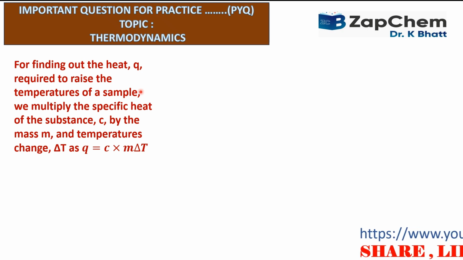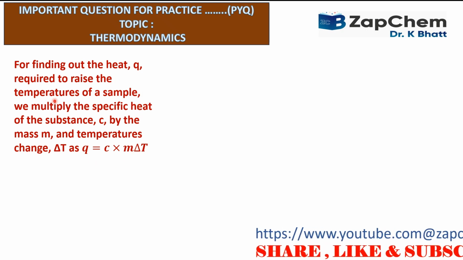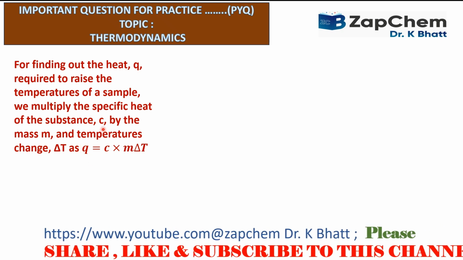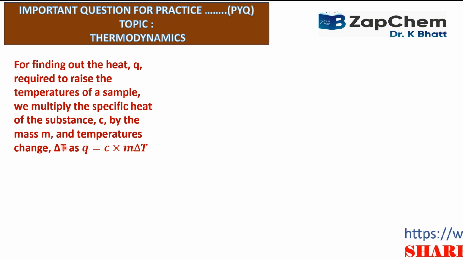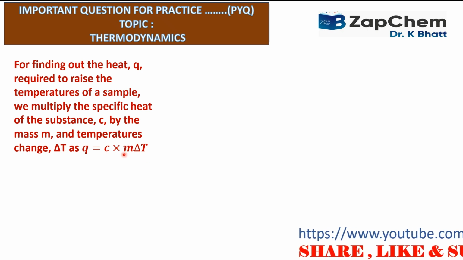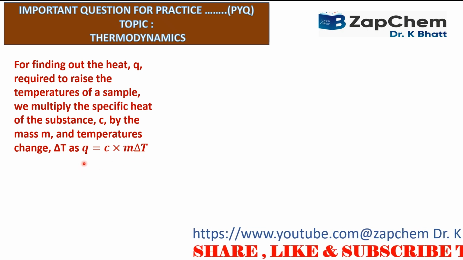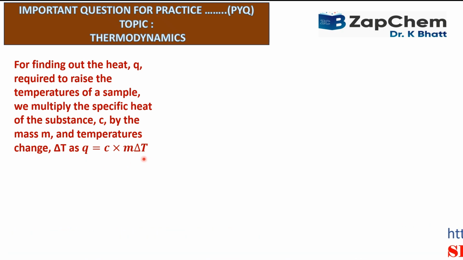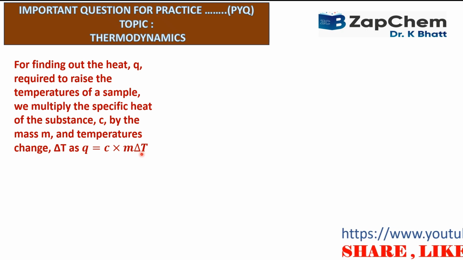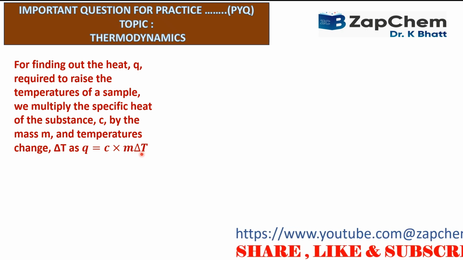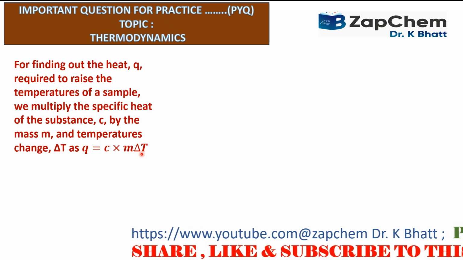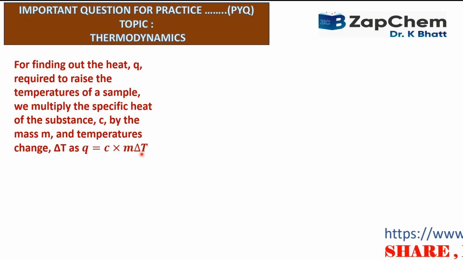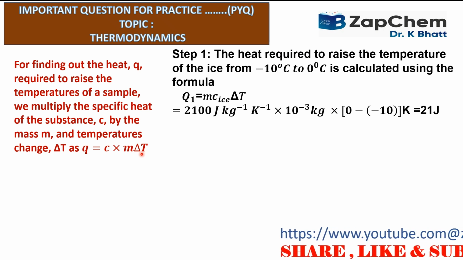As known to us, for finding out the Q for a raise of temperature of a sample, we multiply the specific heat C by mass and the temperature change, delta T. So the formula is Q is equal to C into M into delta T. Delta T, look here, it is capital T and means it is to be used here in Kelvin. Okay, then let us go through the steps one by one.